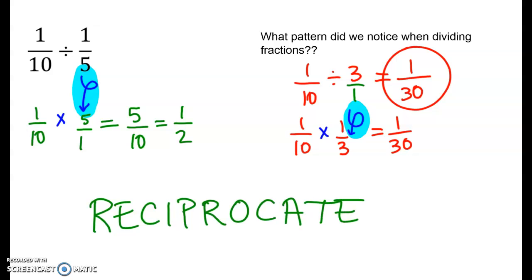The word reciprocate means to flip. And I often use that symbol to mean reciprocate. All right. Now, there we go. What does reciprocate mean? To flip over. So the numerator becomes the new denominator, and the denominator becomes the new numerator.